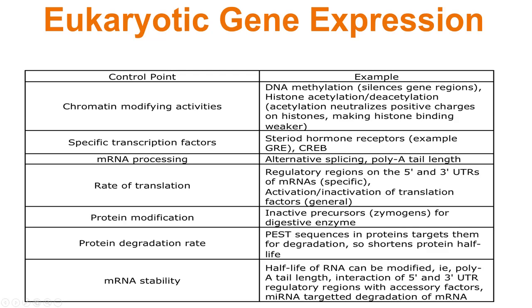Modifying chromatin, DNA methylation, histone acetylation or deacetylation, things we've seen before. Enormous amounts of different specific transcription factors. Okay, those are things you may have seen before. We'll look at a couple of them today, real big ones.